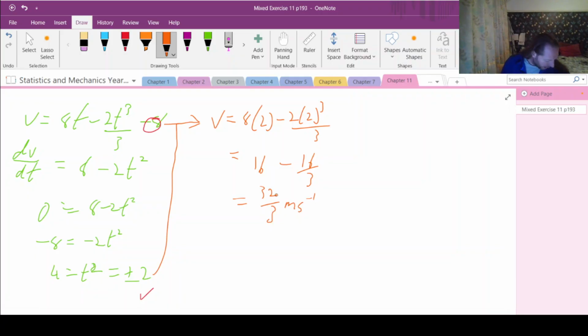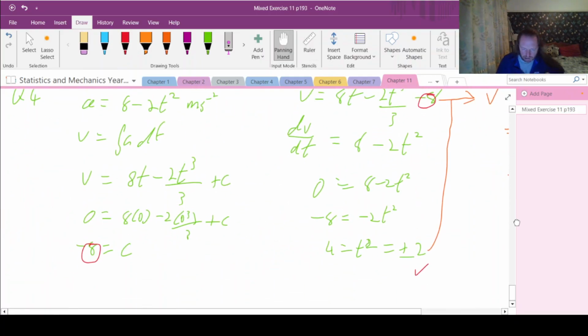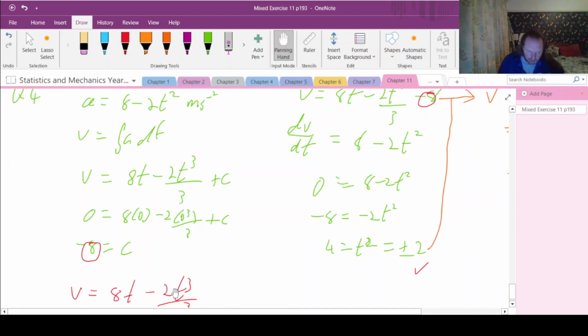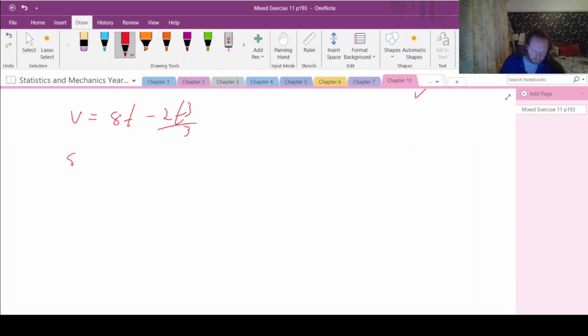Okay, B. The distance covered by the particle in the first 2 seconds of its motion. So we know the velocity equation now correctly, with this plus 0 on it. So velocity is equal to 8t minus 2t cubed over 3, and the distance is equal to the integral of velocity.